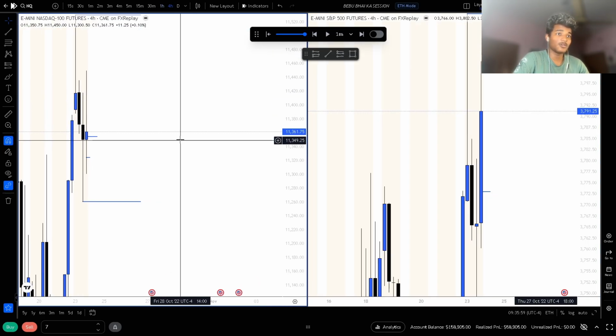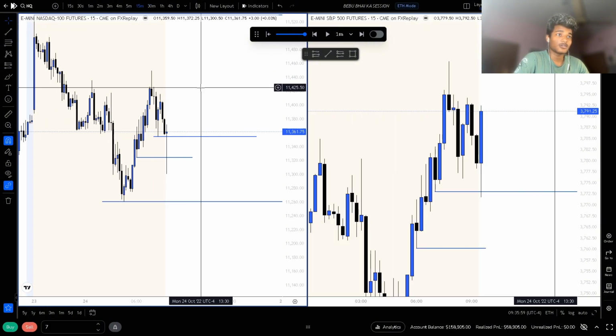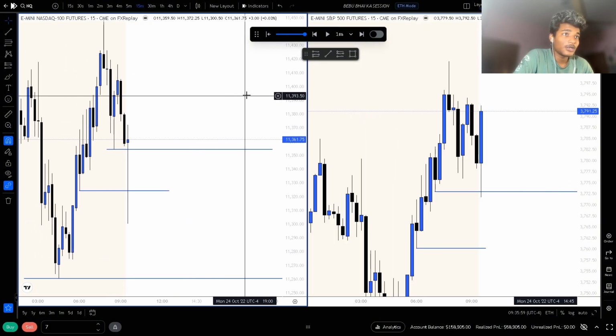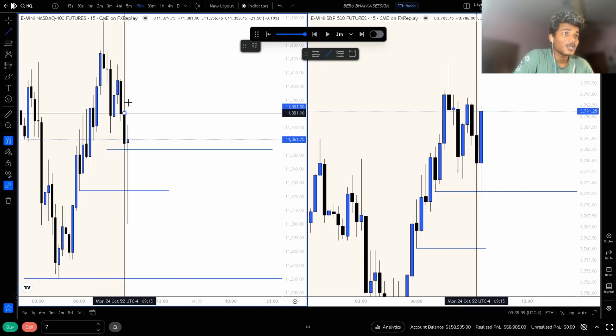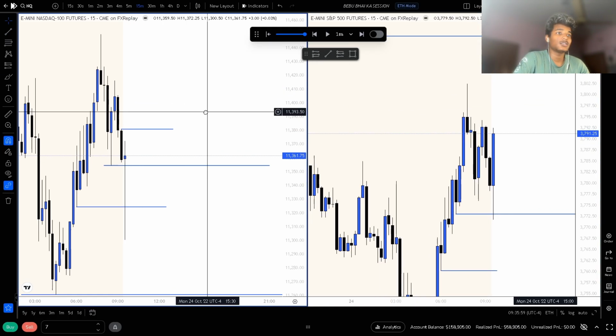4 hour is absolutely bullish. 30-minute is also bullish. 15-minute is also bullish. But we do have this unfilled 15-minute gap above us.